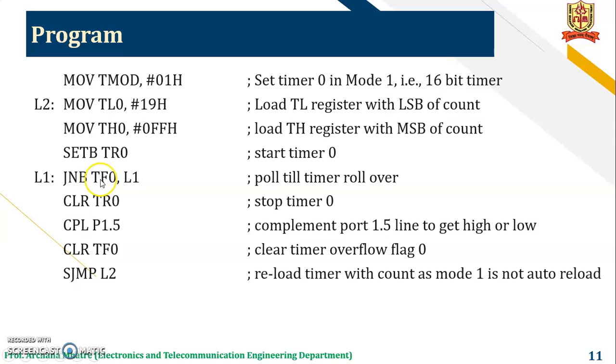If it overflows, then jump to the next instruction. Stop the timer, complement the particular bit P1.5 as we have to generate a square wave on this bit. Then clear the overflow flag and then stop. So this is the program to generate a square wave on a particular pin.